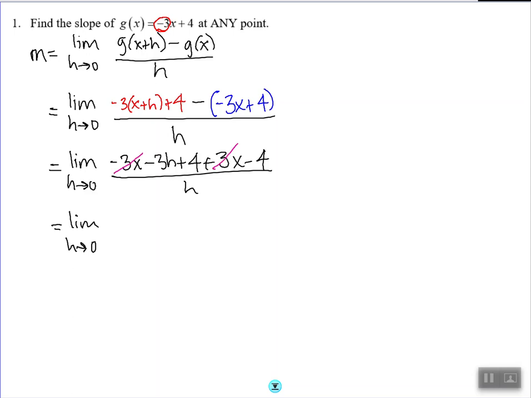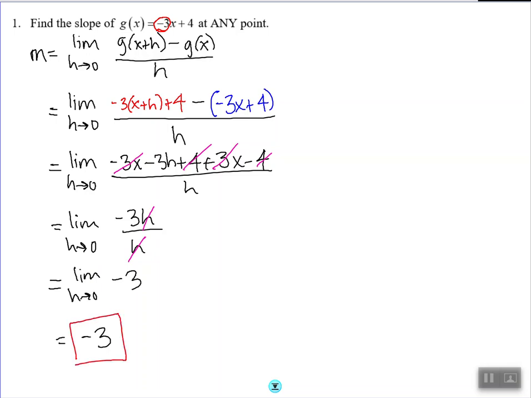The -3x and the 3x cancel, the 4 and the -4 cancel, so I'm just left with -3h divided by h, and then the h's cancel. So I have the limit as h approaches 0 of negative 3, which is just negative 3. So, as we said originally, the slope of this function at any point is going to be negative 3.